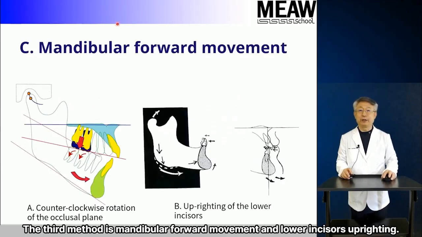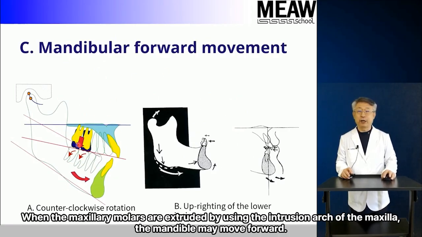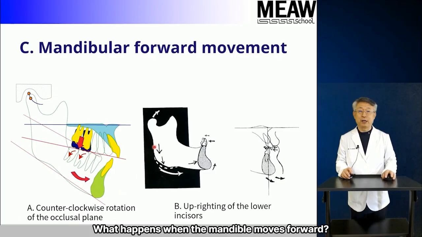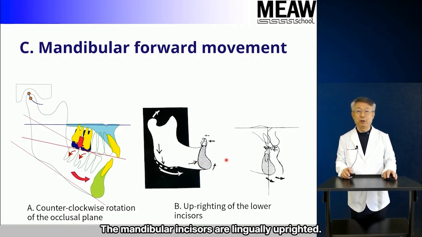The third method is mandibular forward movement and lower incisors uprighting. When the maxillary molars are extruded by using the intrusion arch of the maxilla, the mandible may move forward. What happens when the mandible moves forward? The mandibular incisors are lingually uprighted.